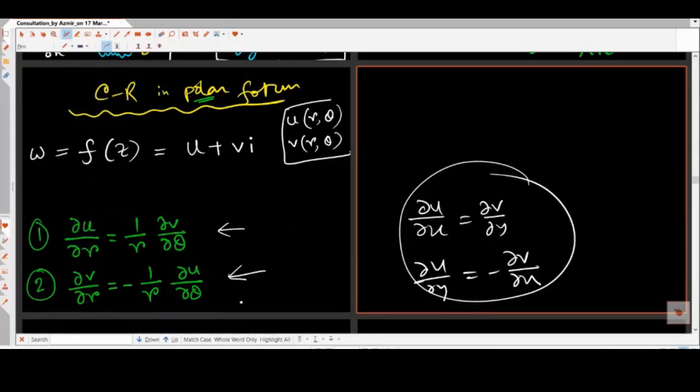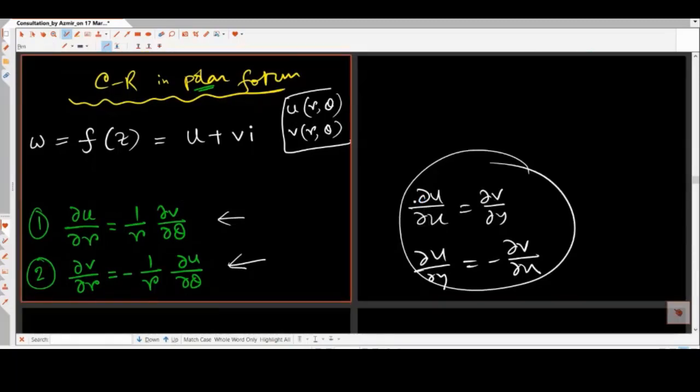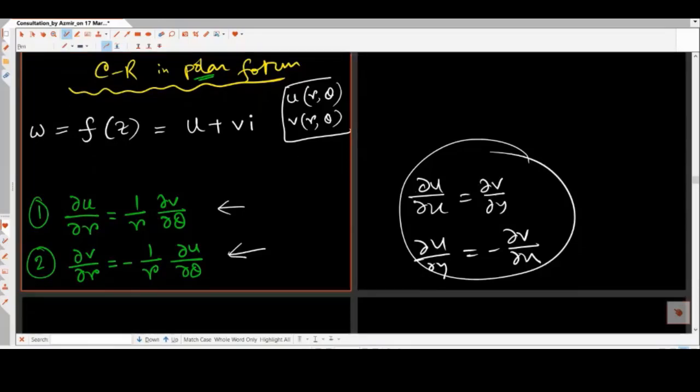But here we have the Cauchy-Riemann equations in polar form. So this is the difference between polar and rectangular forms. So the process is same. We have to check whether a function is analytic or not. And we can also say whether the function satisfies Cauchy-Riemann equations or not.